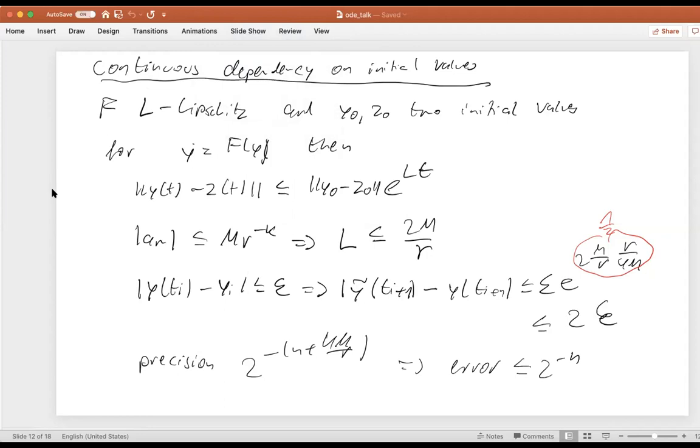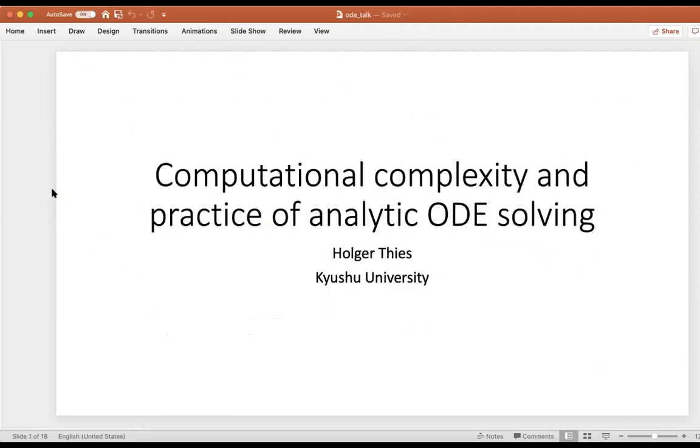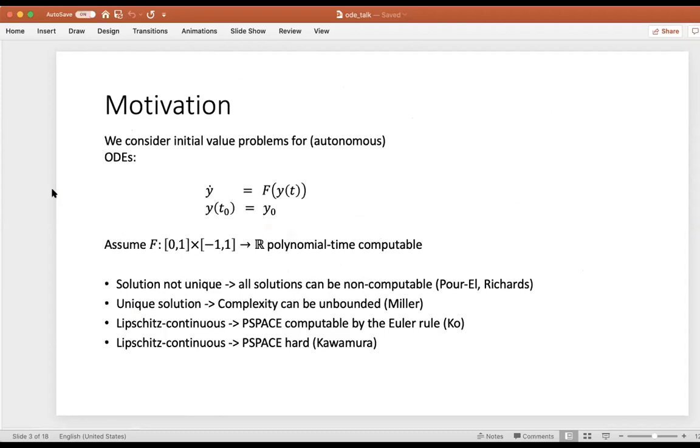I'm actually concerned about whether my work last week is applicable here. Even if we want to use a simple algorithm like the Euler rule, we need exact error approximations, right?